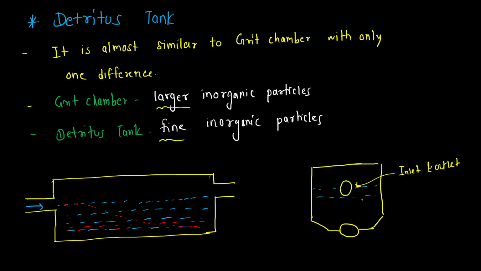This is the sewage level which is present inside, and whatever the grit is there, that grit is settled here, or we can say whatever the smaller and larger inorganic particles are there, that are settled here. And this pipe is the sediment removal pipe. So there are two pipes here. One pipe is the inlet and outlet pipe in the cross section, and another pipe is this sediment removal pipe. From here the sediments are removed. So this is all about the detritus tank.